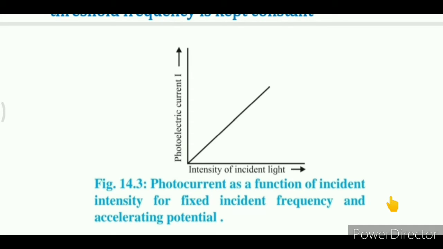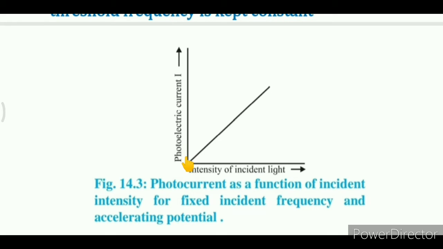Now from the graph it is very clear that when the intensity of the incident radiation is 0, the photoelectric current is also 0. As the intensity of incident radiation increases by a very small amount, the photoelectric current also increases by a small amount.